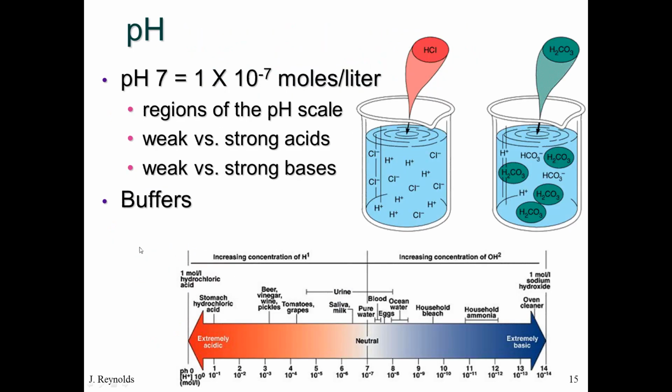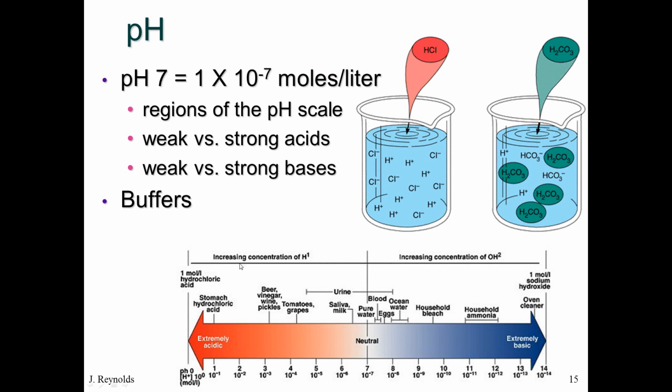Alright, pH. The way pH is determined, the numbers that is, it's a logarithmic number. So the formula, you're looking at the concentration of hydrogen ion, moles of hydrogen ion per liter.